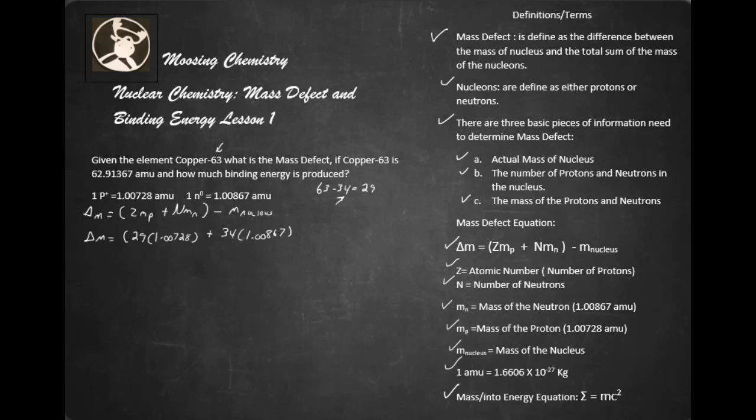And I should really be putting AMU in here. I'm sorry about that. Then we close this entire bracket, minus the nucleus, which was determined to be 62.91367.